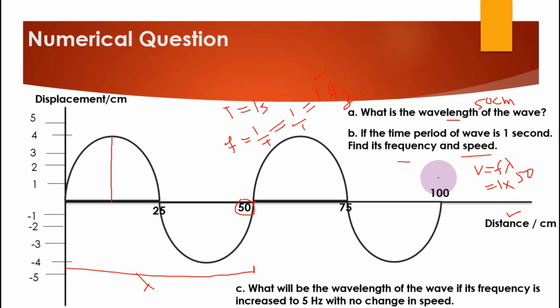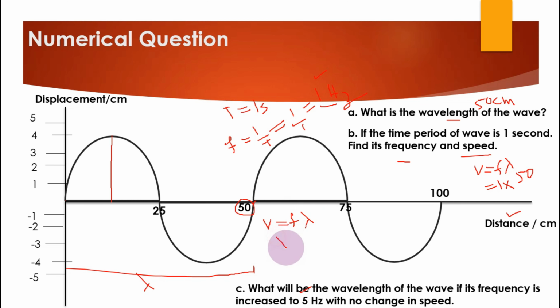Next is, what will be the wavelength if the frequency is increased to 5 hertz? The frequency is 1 hertz. If we increase the frequency to 5 hertz, then what will be the wavelength? It means we need to use this v is equal to f lambda again. This time we need to calculate lambda.